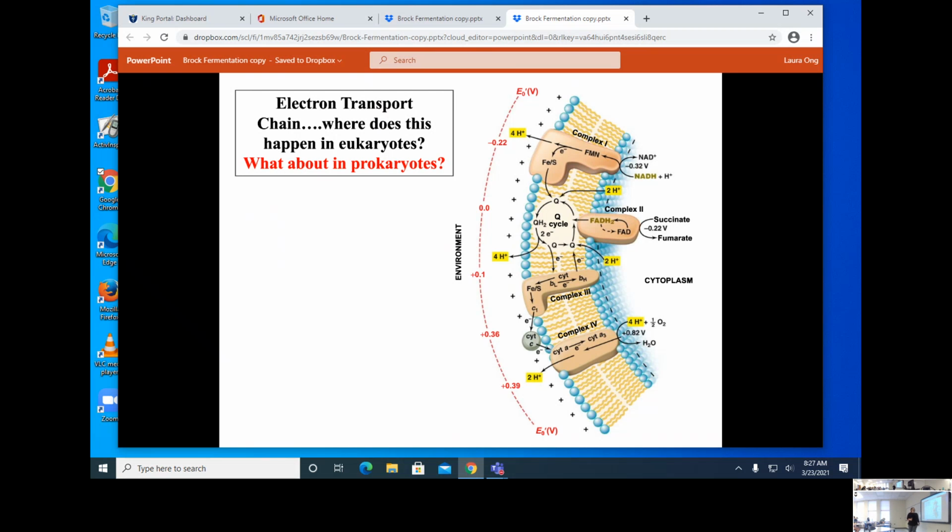So this is showing an example of one of those prokaryotic electron transport chains. Is this one anaerobic or aerobic? And how do you know? How do you know it's anaerobic?